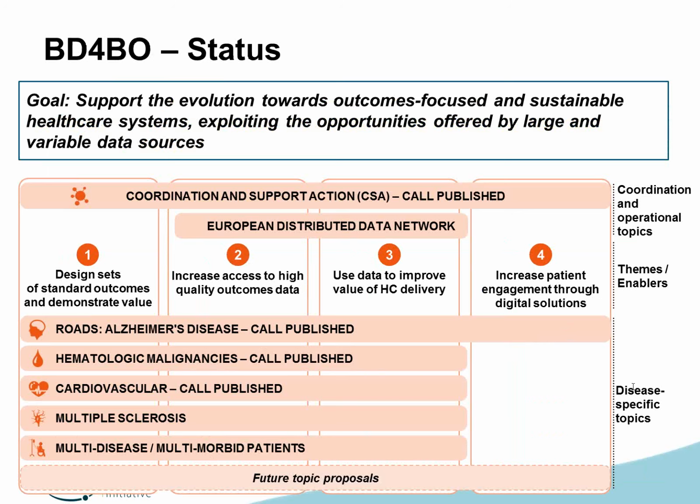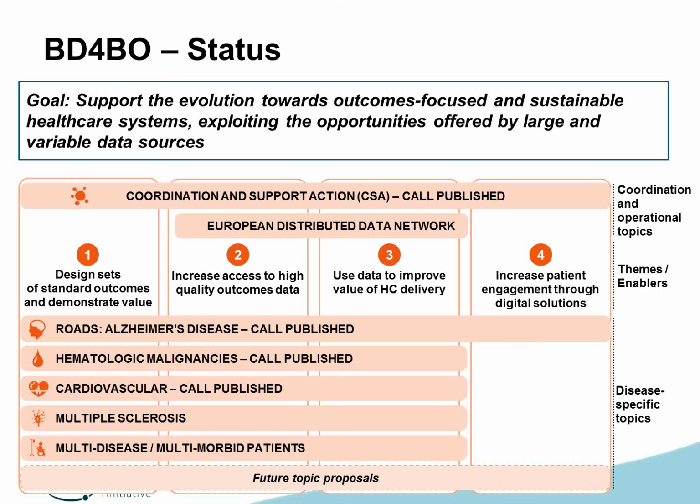The coordination and support action for Big Data for Better Outcomes is an umbrella that will coordinate the activities that are ongoing within the disease-specific topics. Below you see the projects that are currently published and for which the expressions of interest are being written.